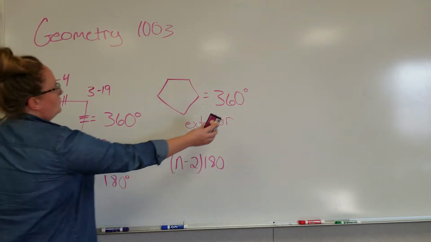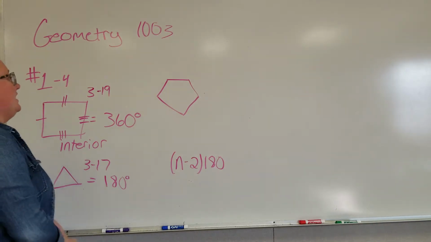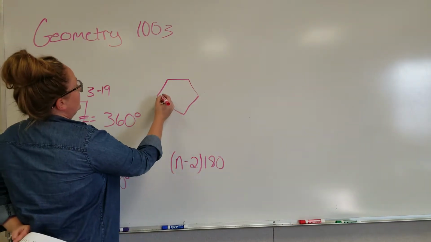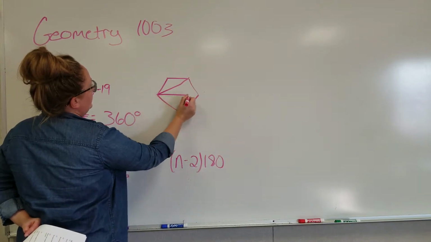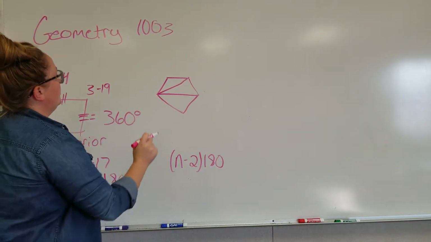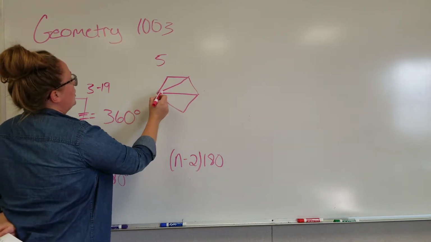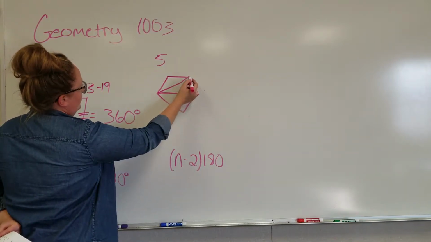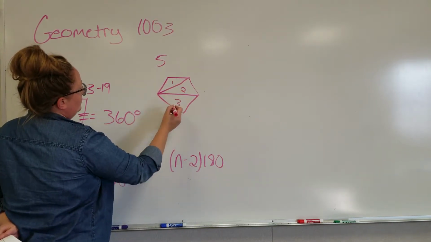The reason why this works, we'll use this pentagon right here, is you take one vertex and you draw all the diagonals to the vertices you can. So a pentagon, which is what this is, has 5 sides, and you can draw 2 diagonals to other vertices, causing 1, 2, 3 triangles.